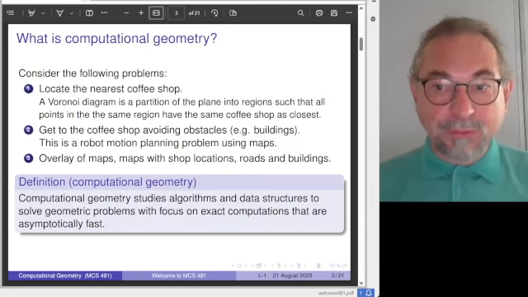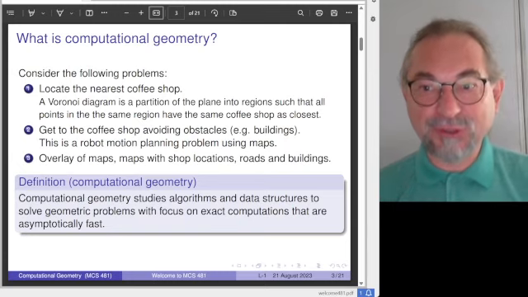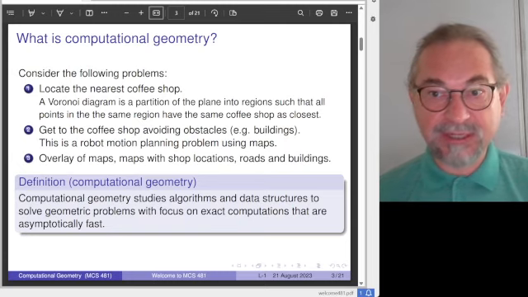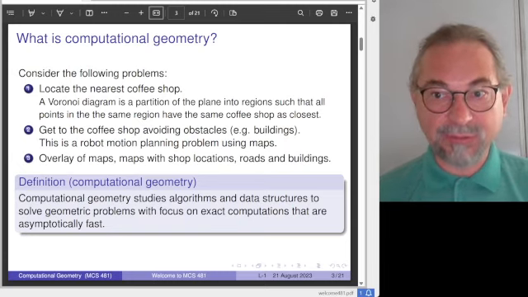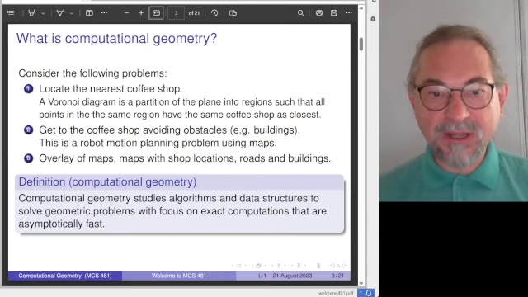So computational geometry. Geometry is key here. We will solve geometric problems. It is an algorithms course as well. In that sense, computational geometry is part of computer science, which studies algorithms to transform data. So the data comes from geometric problems here.